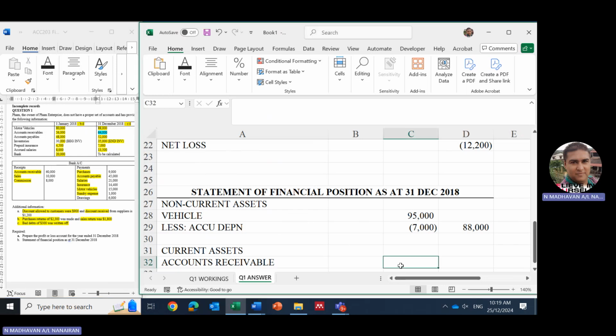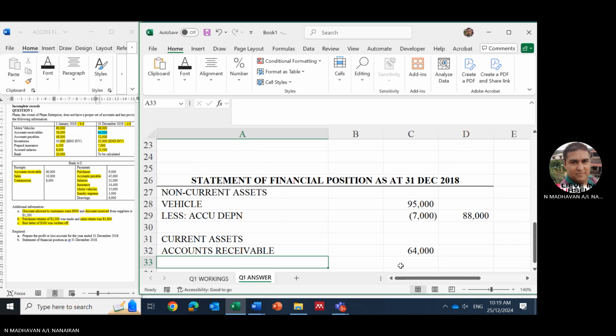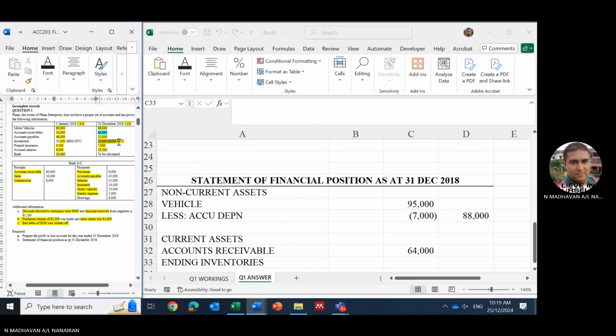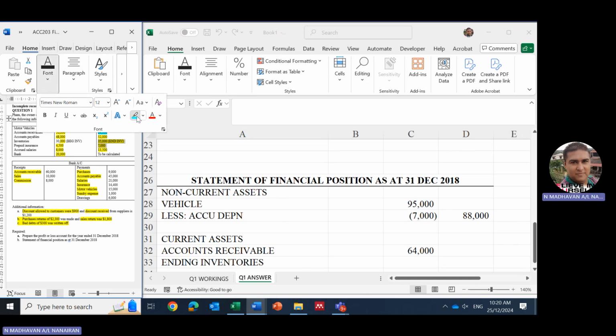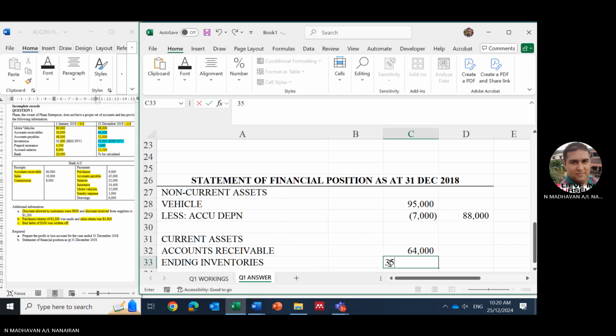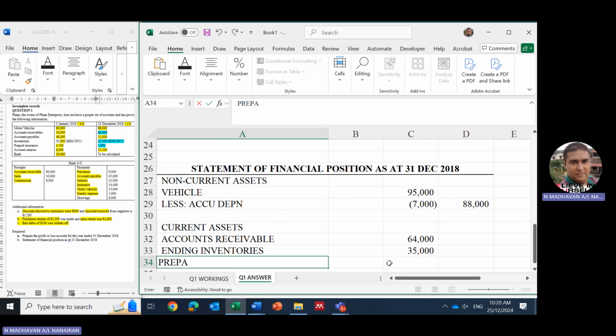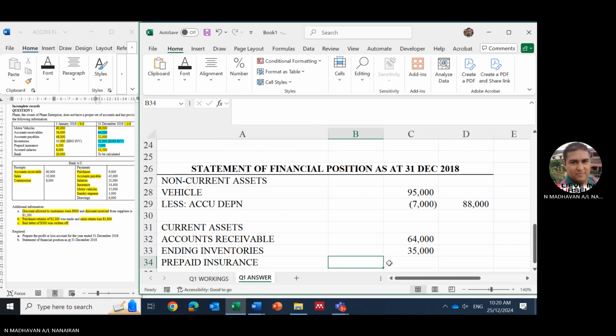Next, what else do you have? You have ending inventories. How much? 35. Next, what do you have? Prepaid insurance. How much? 7,000. So total.